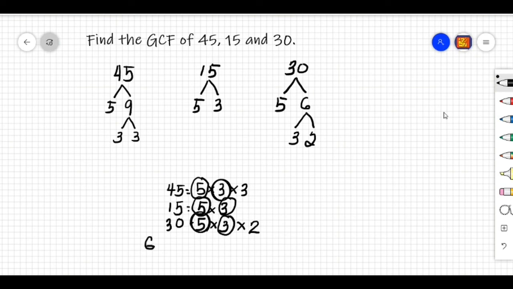So the GCF now is 5 times 3, 15. So therefore, the GCF of 45, 15, and 30 is 15.